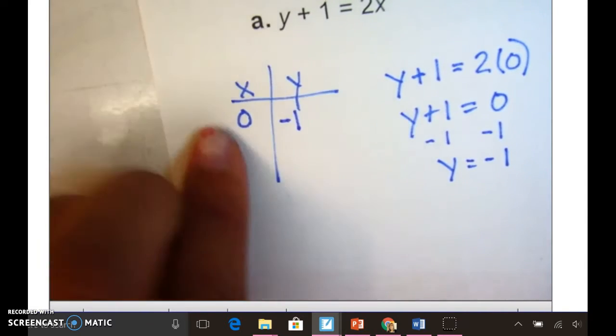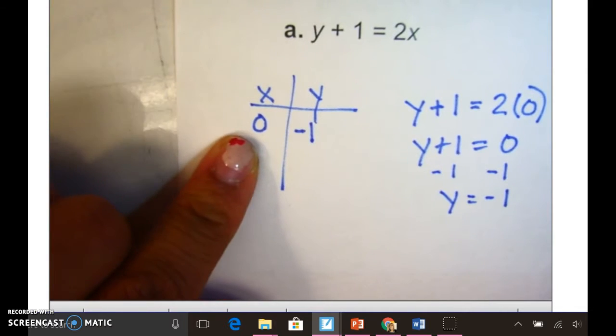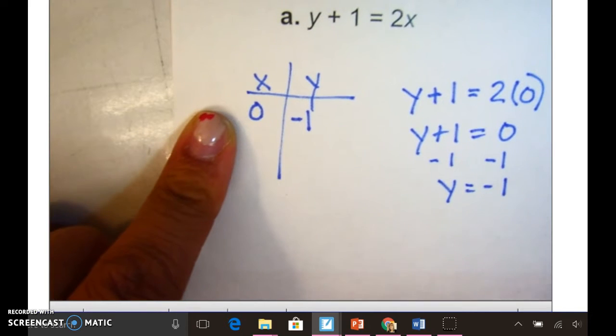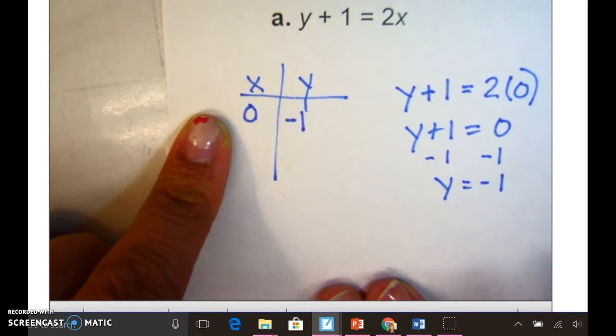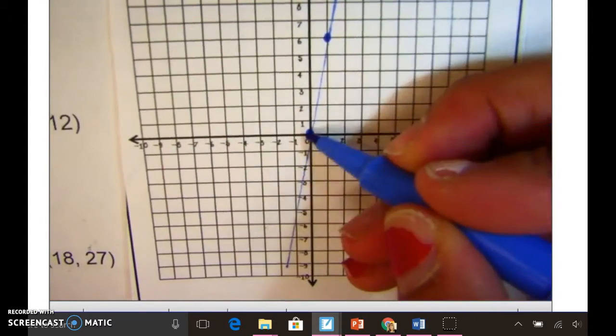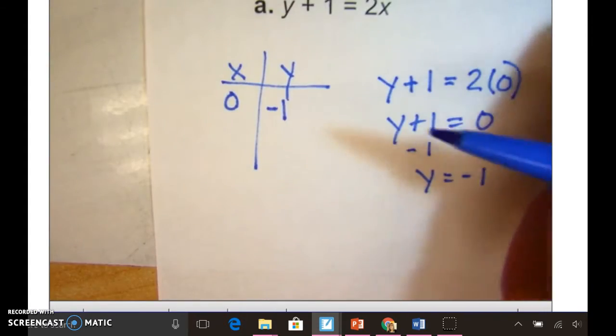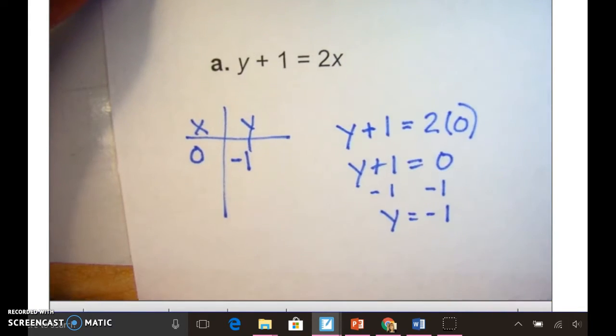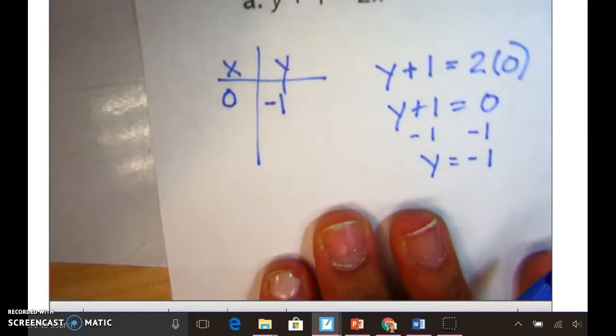So when I do that, I should already be able to know that this is not direct variation. Because in a direct variation, I need to be able to go through the origin. The only way I'm going to go through the origin is when x equals 0, that y also equals 0. When I put 0 in for x, y also equals 0. And this already shows me that it doesn't.